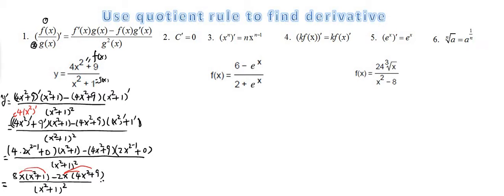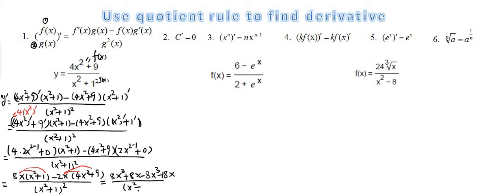We can simplify it: 8x cubed plus 8x, negative 2x times 4x squared is negative 8x cubed, negative 2x times 9 should be negative 18x, divided by x squared plus 1 squared.